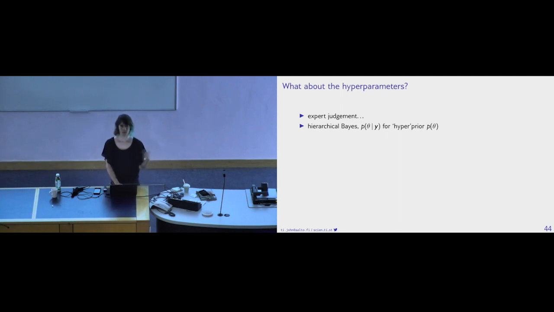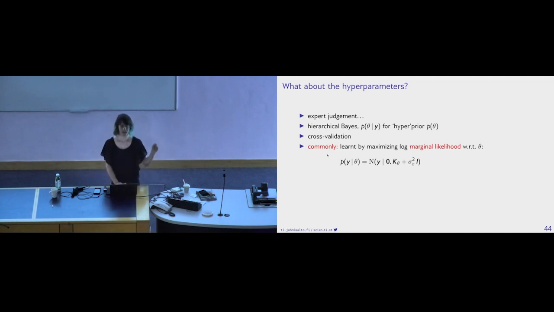You can also do something more classical machine learning, use cross-validation to figure out which values of the hyperparameters best explain the validation sets. But actually, what people usually do in Gaussian process models is to use the marginal likelihood. So we learn hyperparameters by maximizing the log marginal likelihood with respect to the hyperparameter values.